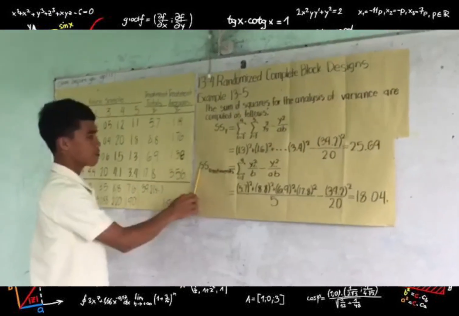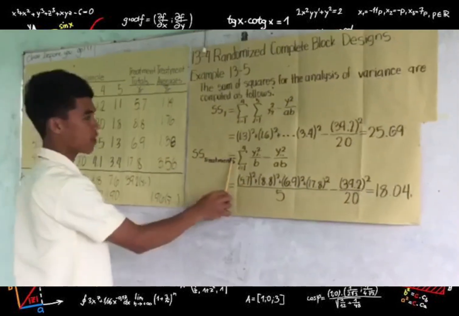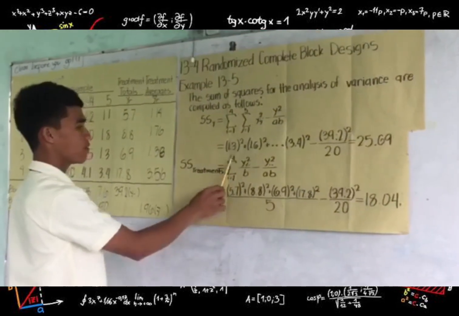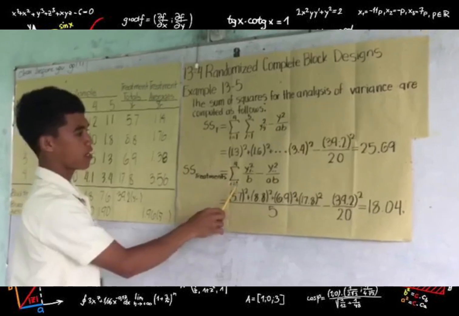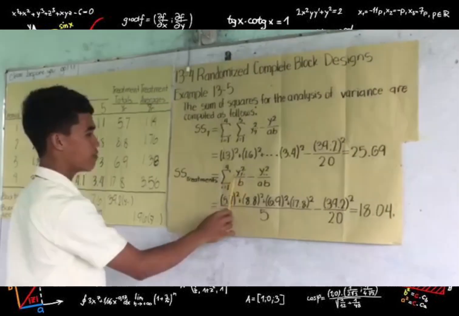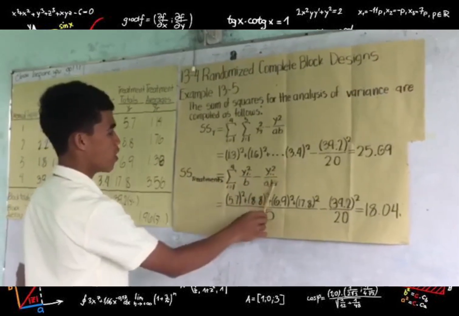Then the sum of squares sub treatments is equal to the summation of i equals 1 to 4, y squared i over b minus y squared over ab.